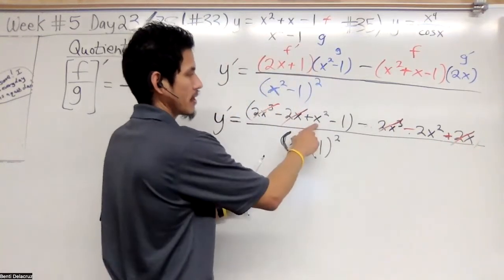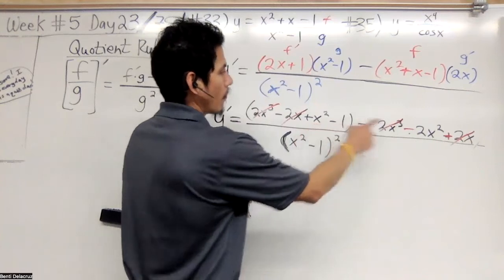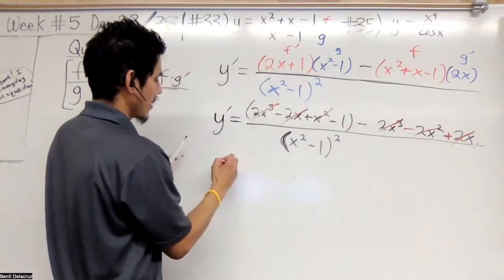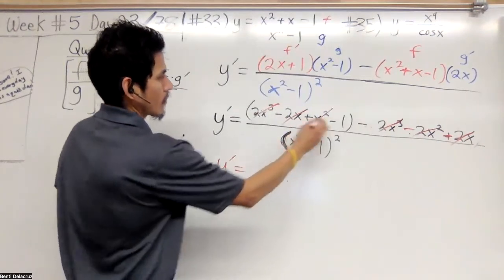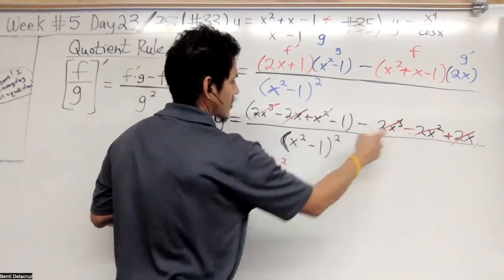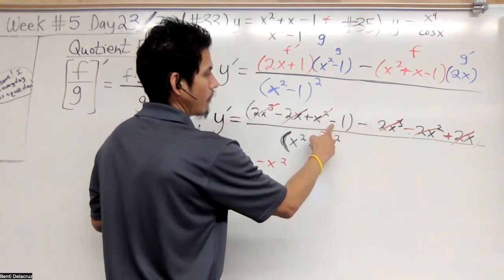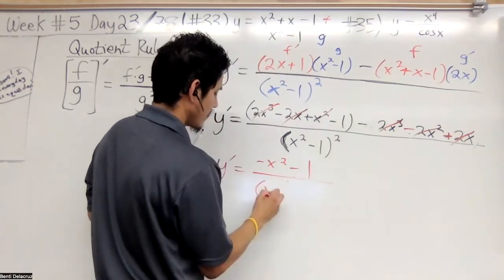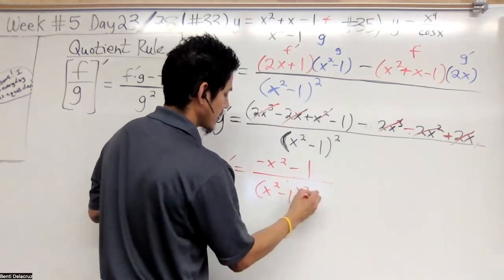And then we have an x squared minus a 2x squared. So that'll make a minus x squared on top, then a minus 1. And that's all we got on top. And on bottom, we just have x squared minus 1 all to the second power.